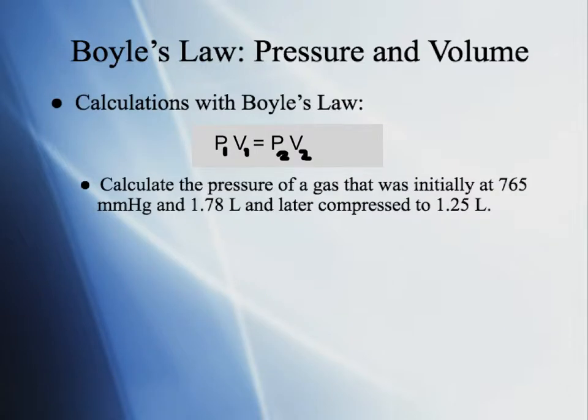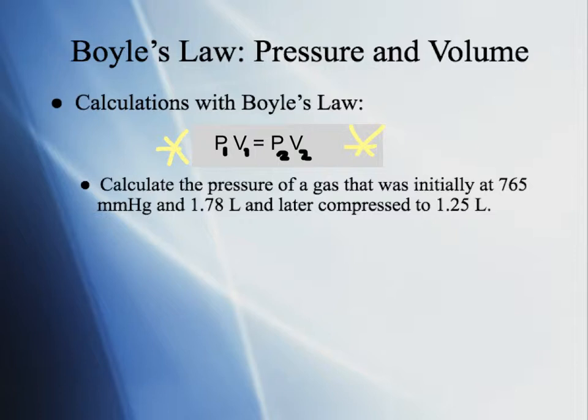All right, so let's take a look at doing some calculations with Boyle's law. The important equation here is P1 times V1 equals P2 times V2. When pressure increases, volume decreases on a system.